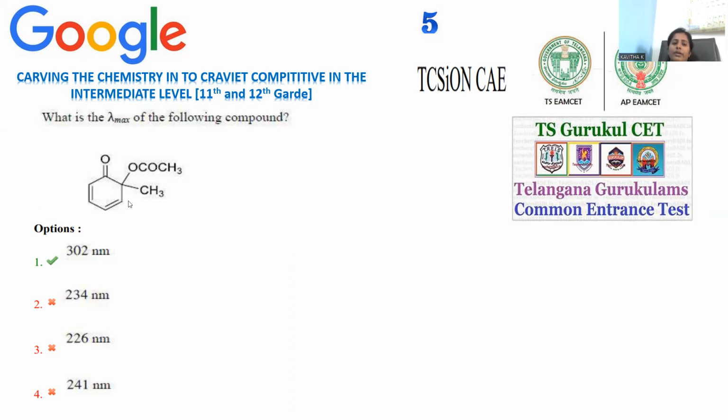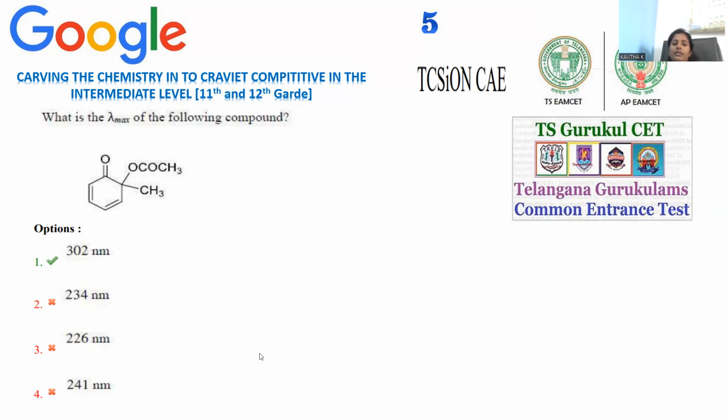The compound has alpha beta unsaturation and homoannular conjugation as well. Threefold conjugation you can notice, and there are side chains like methyl and ester. So for this compound, how can we calculate lambda max? The expected answer is 302 nanometers.